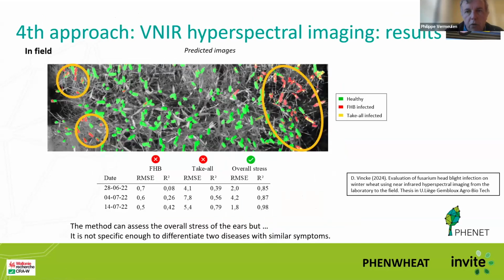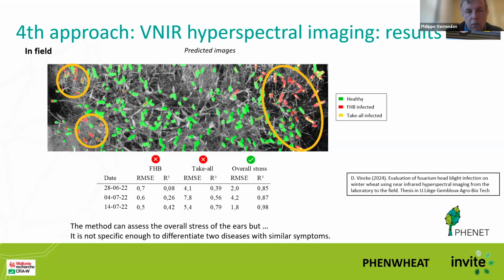Here you have the results obtained in the field. In the field, we have an image taken at the top of the canopy. And here on the predicted image, you can see the healthy ears and the ears infected by Fusarium.